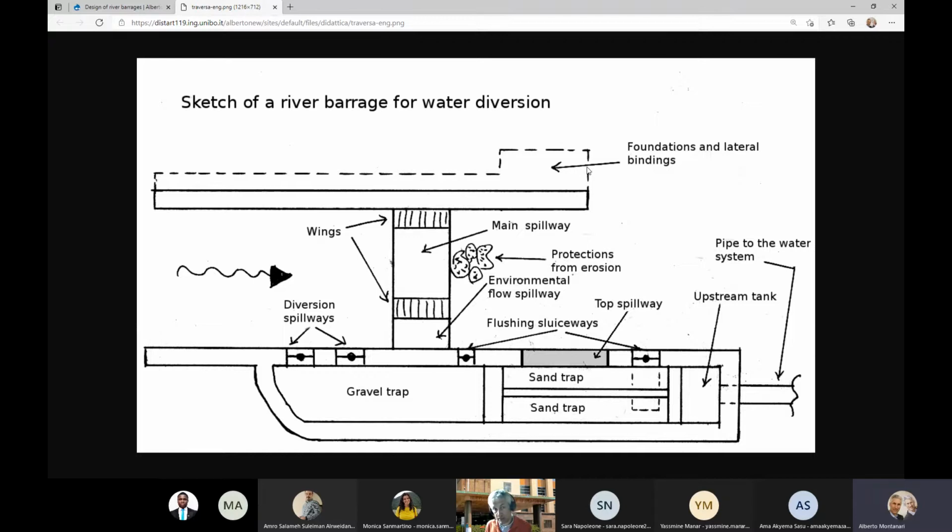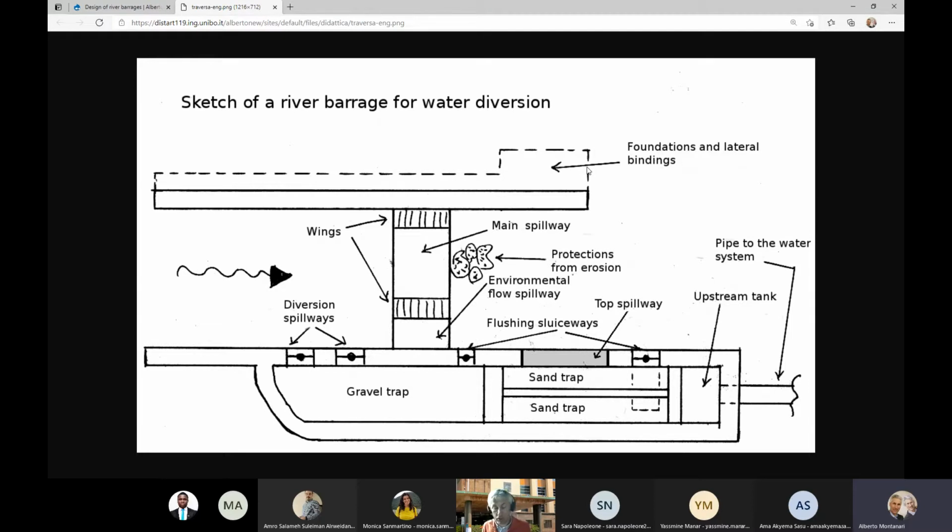Free flow means that you have water that remains open. A part of your water surface remains in direct contact with the atmosphere. This is open channel flow. So you may have an open channel that brings water downstream.